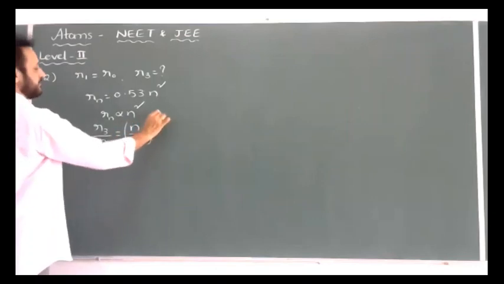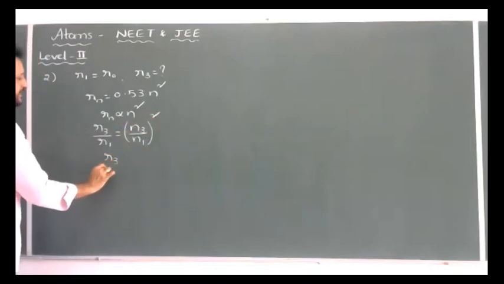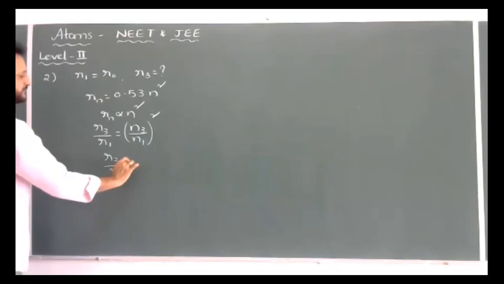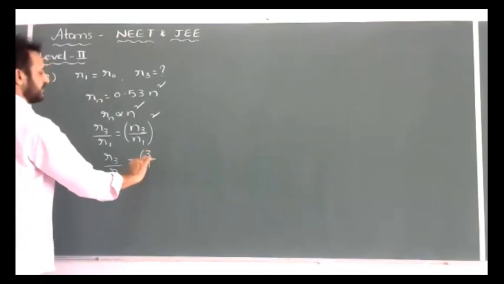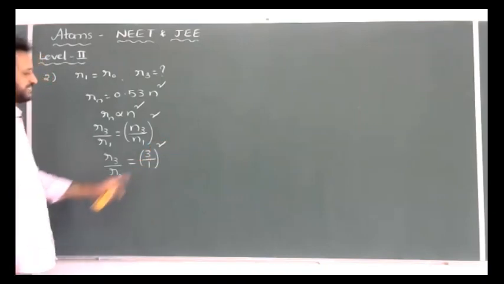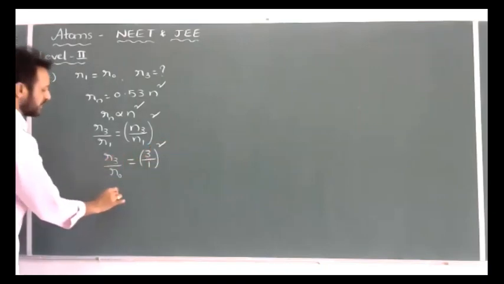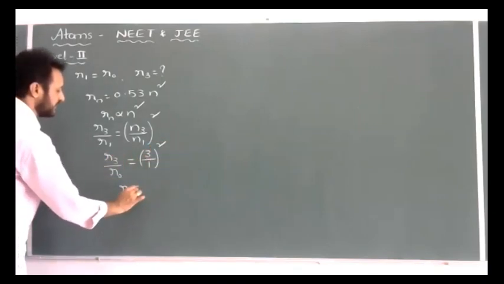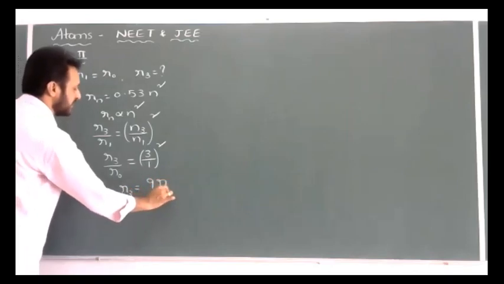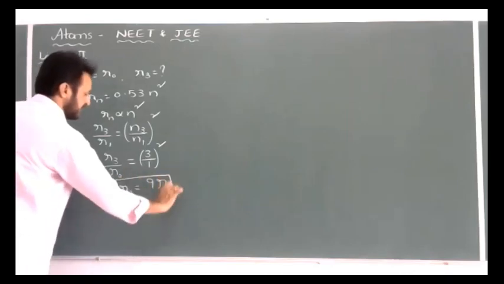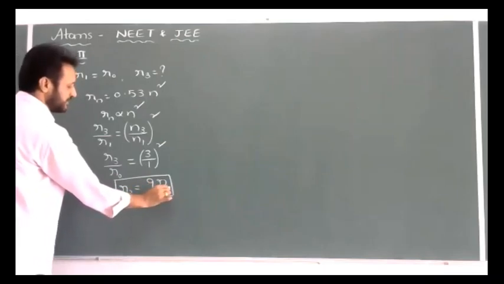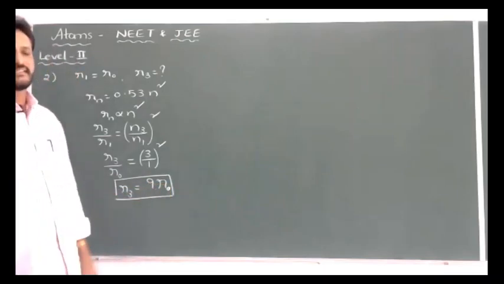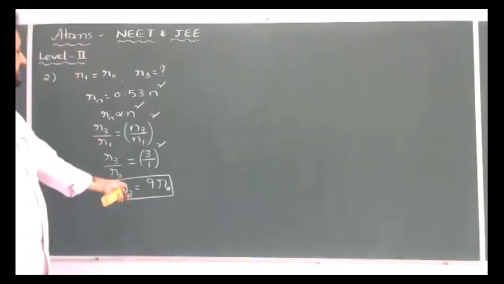That is R3 by R1, and they have given R1 as R0, so n3 is 3 and the first orbit is 1, whole square, which is equal to 9. So R3 is equal to 9 into R0. So the radius of the third orbit of a hydrogen atom is equal to 9 times the radius of the first orbit. That is the answer.